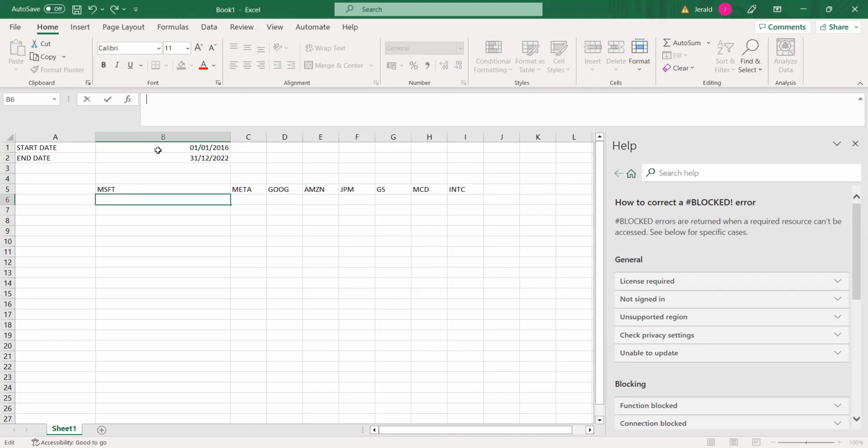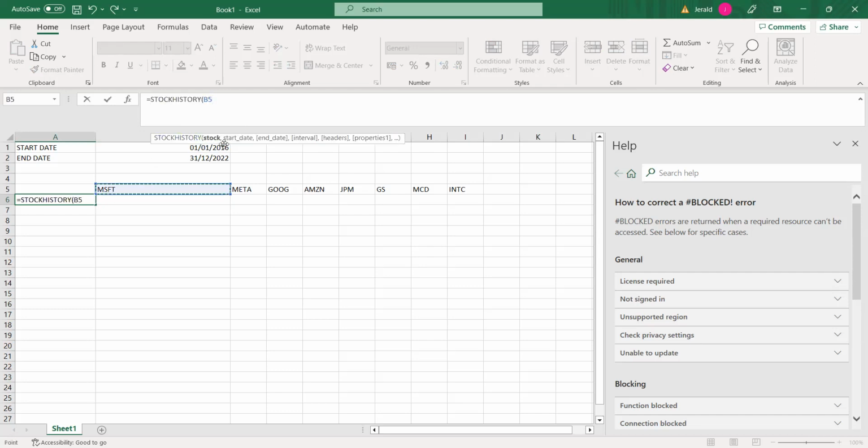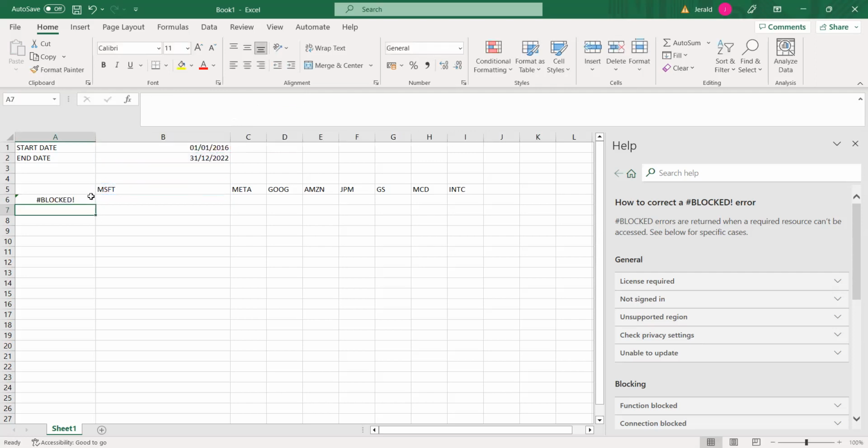Column A, row 6. Yan. Is equal to. Close mo. Control enter mo nga. Bakit blocked?